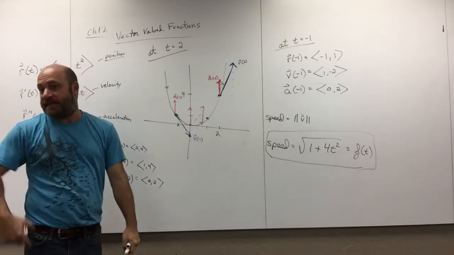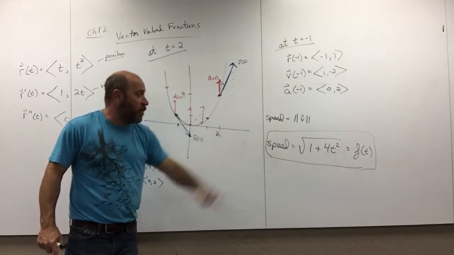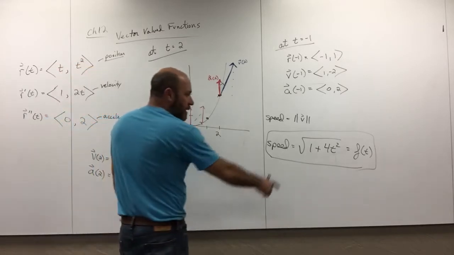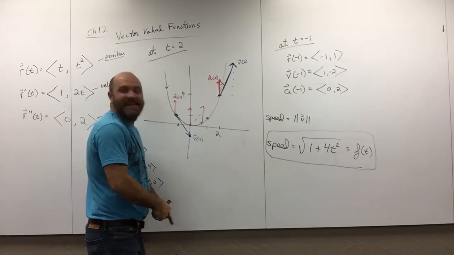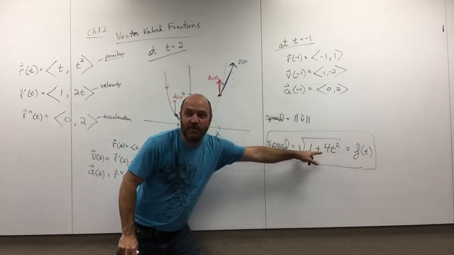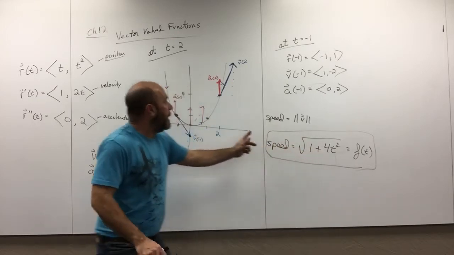At t equals 0, what's the speed? At t equals 0, the speed is 1. At t equals 2, what's the speed? 3. Really? 2 plus 4. At t equals 2, the speed is square root of 17. Hang on a second.